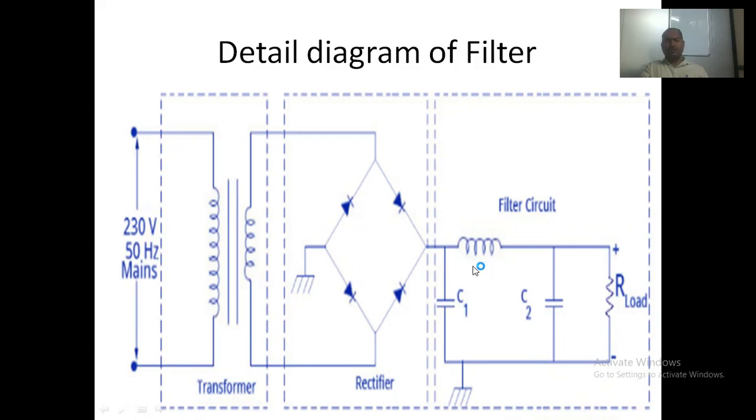There are three elements: capacitor, inductor, capacitor. These three elements are used for the filtration purpose. The ripple indicates a pulsating DC, which has some noise, that is, an AC signal.